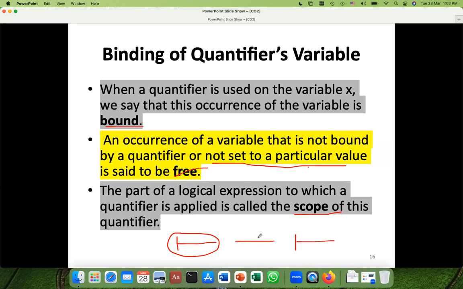The other portion is not where your quantifier has any effect or influence. Similarly, the other part is the scope of the other quantifier, either universal or existential. So these are the three terms.